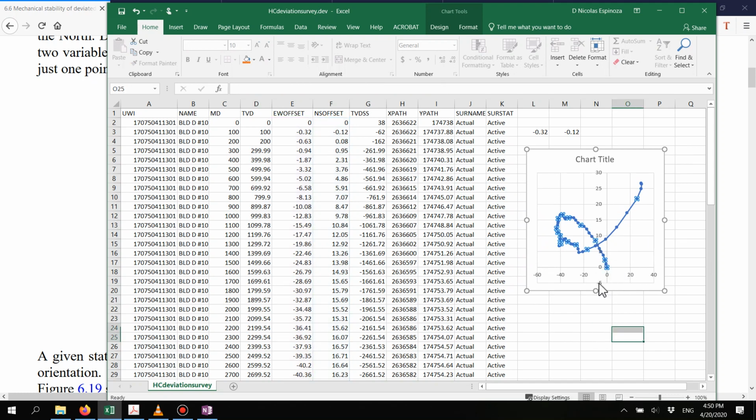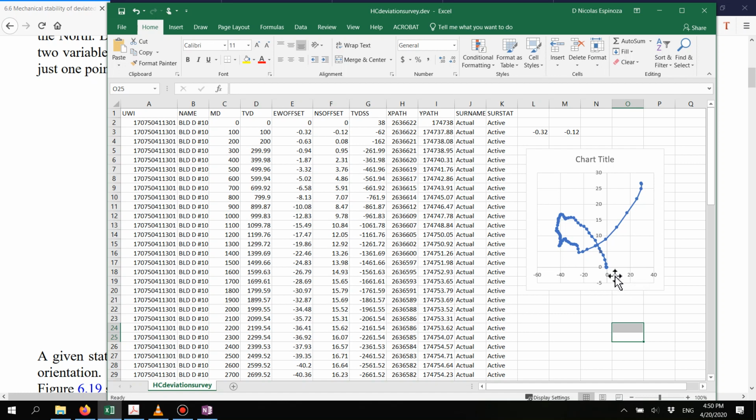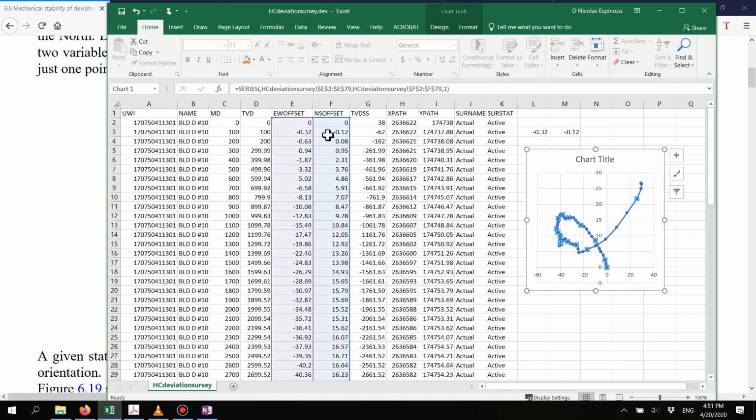We see that it starts here at the center, and those offsets change as the wellbore goes deeper and deeper. For example, the first point that we have in here, at a very shallow depth, goes negative, it goes to the south, but then it starts to go north, and also tends to go more to the east. At some point, it changes direction, and it continues going to the north, but now in direction east.